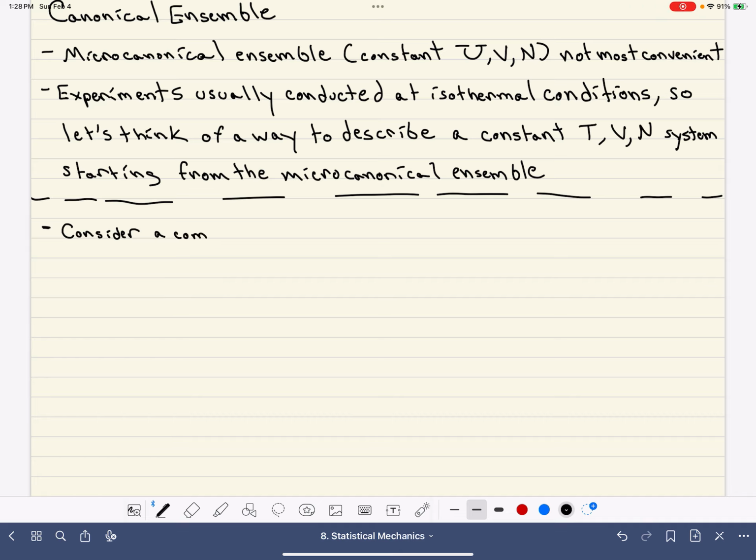To develop these things, we're first going to consider the following system. Consider a composite system that has two parts: some sort of subsystem inside a large bath.